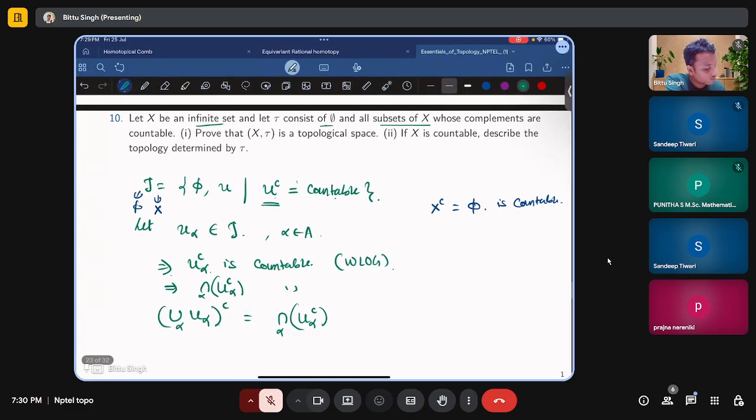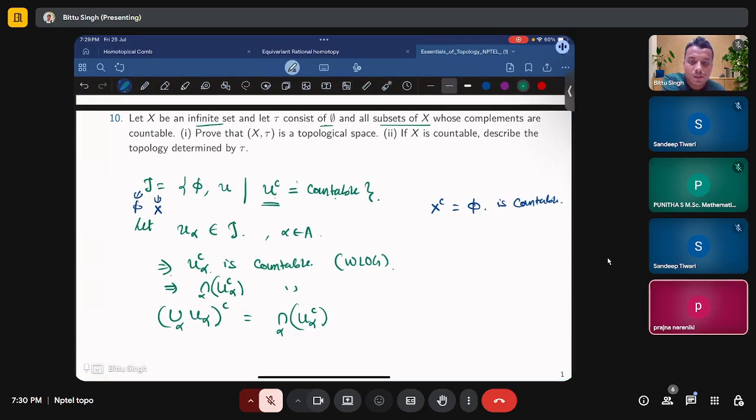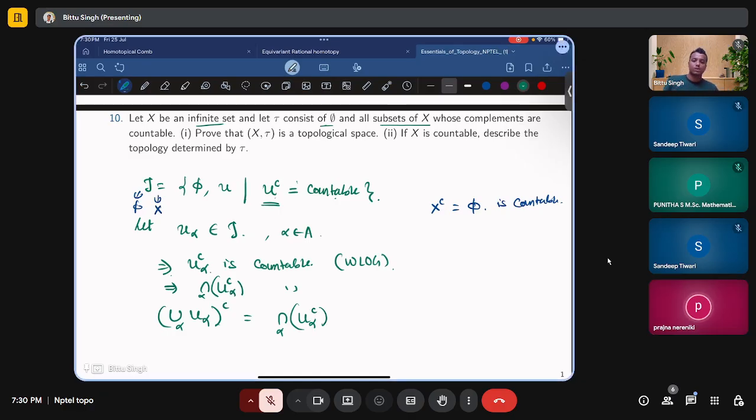Excuse me, sir. Is this true for any arbitrary family, even if the index set alpha is uncountable? Yes. Because note that if you take the intersection of the U alpha complements, that will be a subset of any U alpha complement, right?